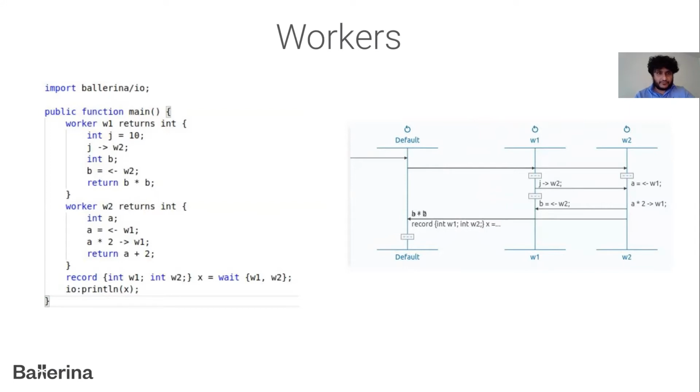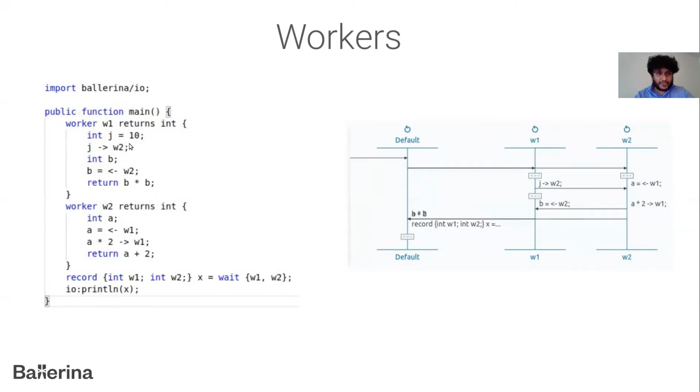In a specific function, we can have multiple workers for specifying concurrent executions, and communication between these workers is done using message passing.